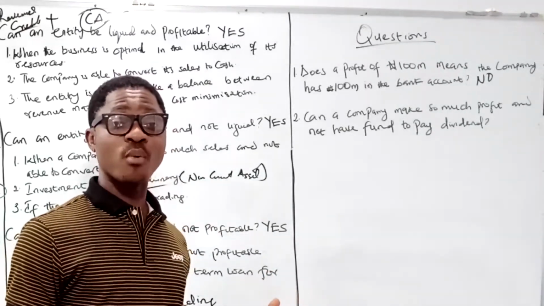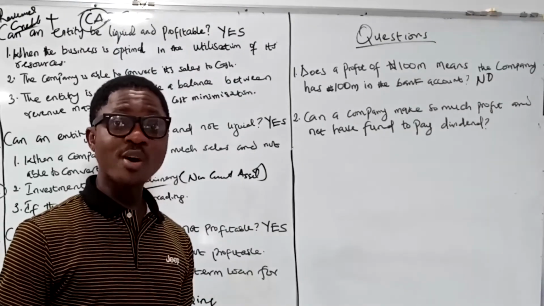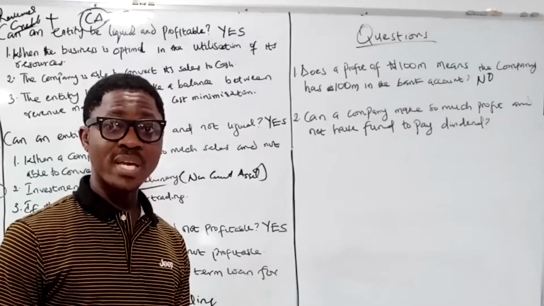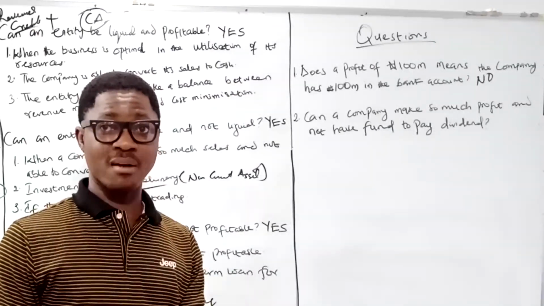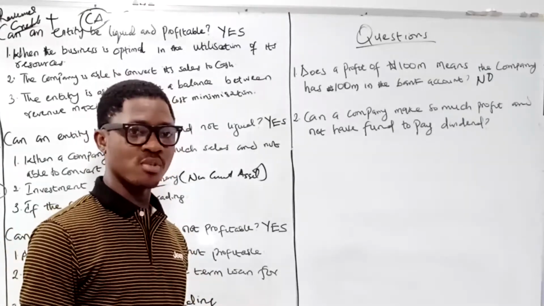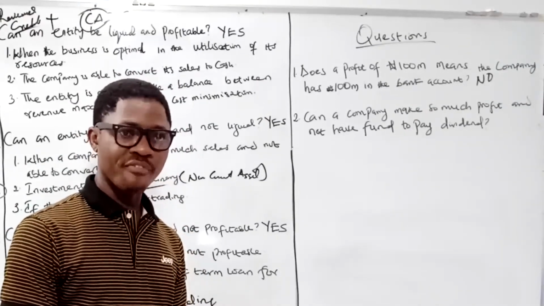And the finance professional was very quick to say that no, it doesn't mean we have that exact amount in our bank account. And this explanation will help answer this question in the mind of a non-finance professional.